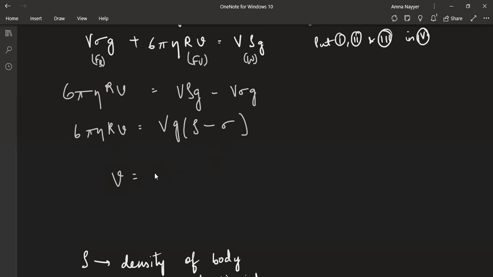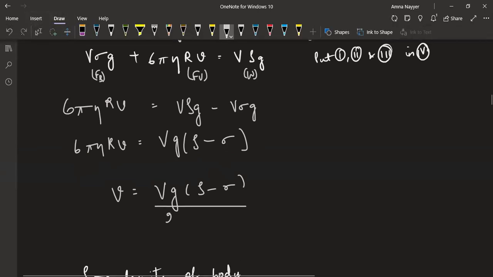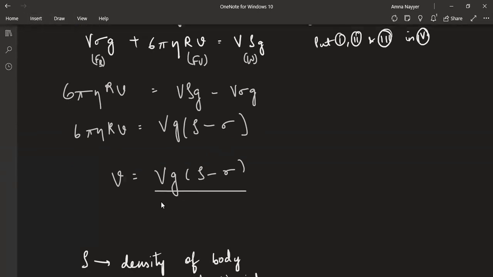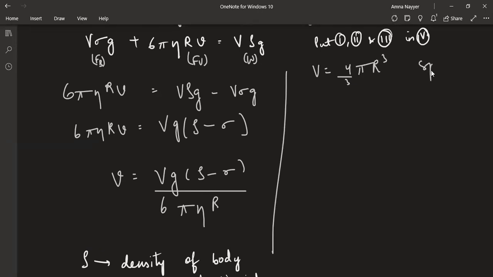Look here, class. Vg rho minus sigma by 6 pi eta r. Now what is the volume of a sphere? Volume of a sphere is 4 by 3 pi r cube. So put it here.